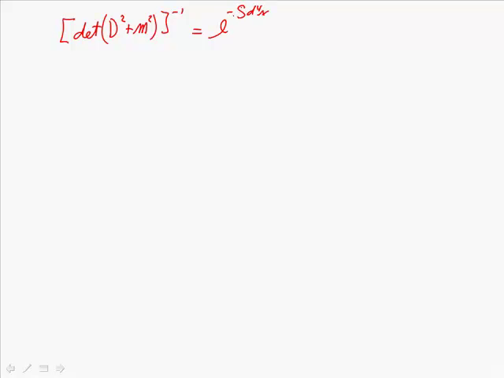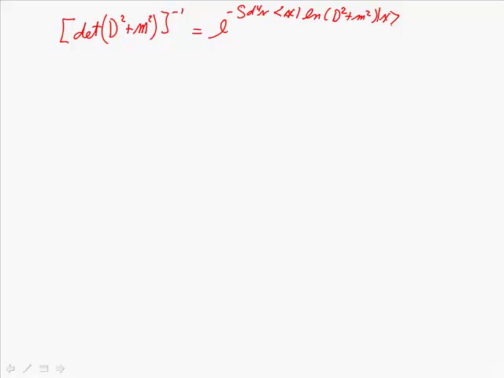There's a minus sign from the minus 1. x log of D squared plus m squared x. Okay, so it still looks a little formidable, but it's a little bit better.